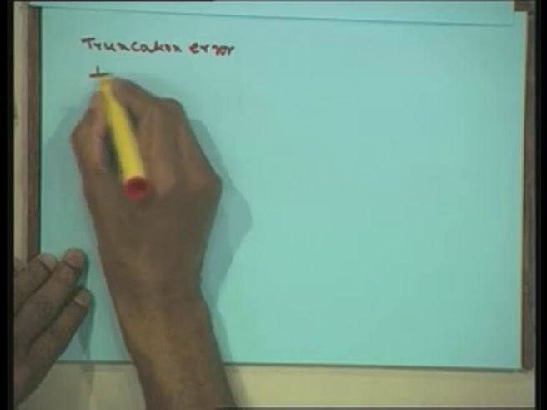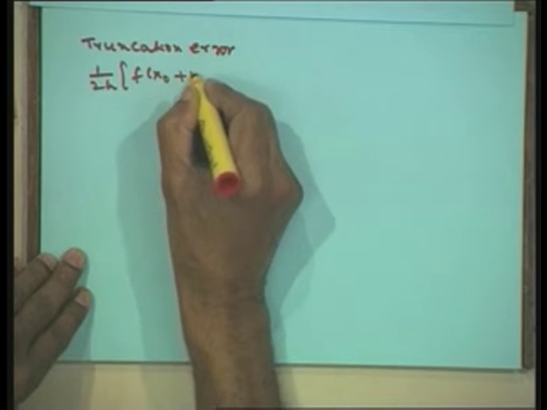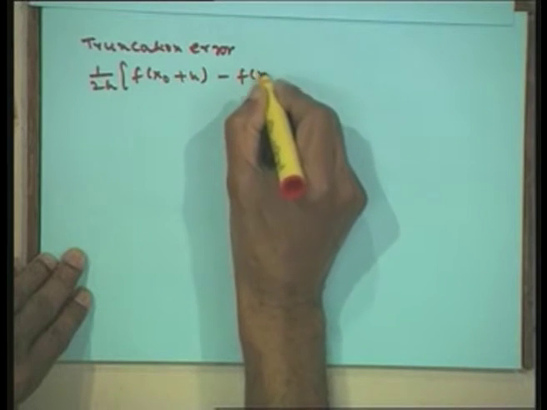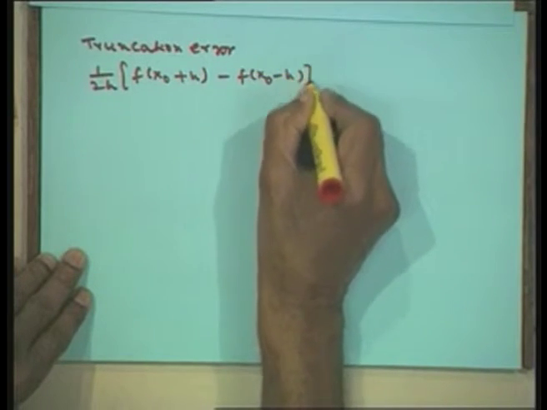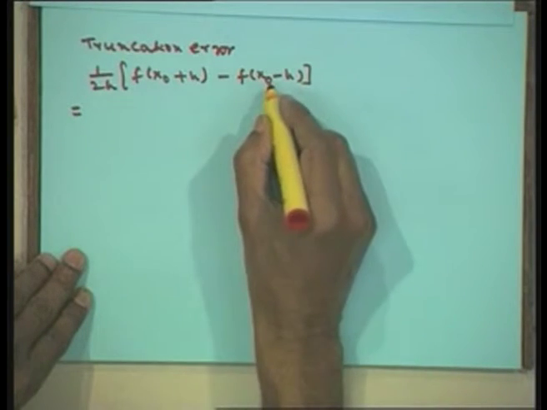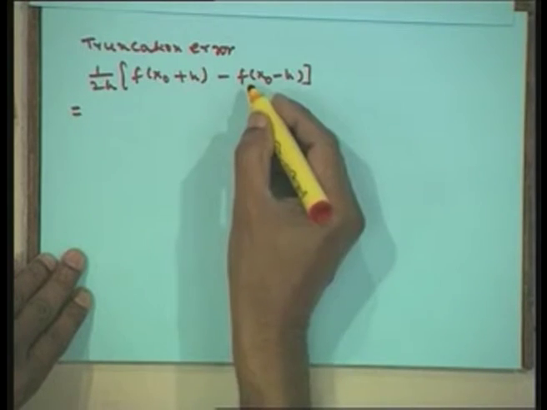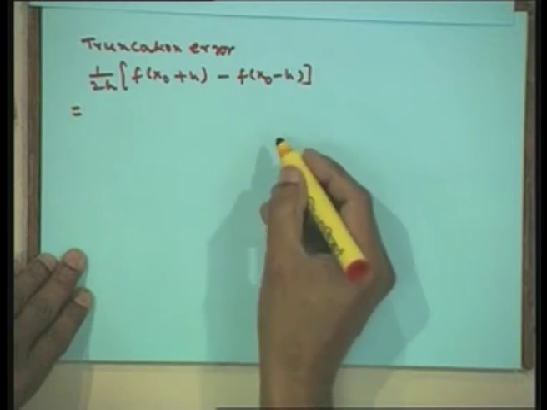Now, we write 1 upon 2h [f(x0 + h) minus f(x0 - h)]. We expand f(x0 + h) and f(x0 - h) in Taylor series, simplify and then collect the terms.